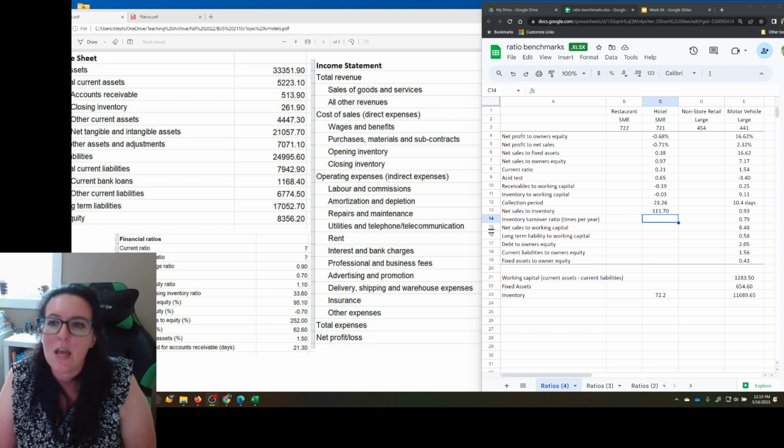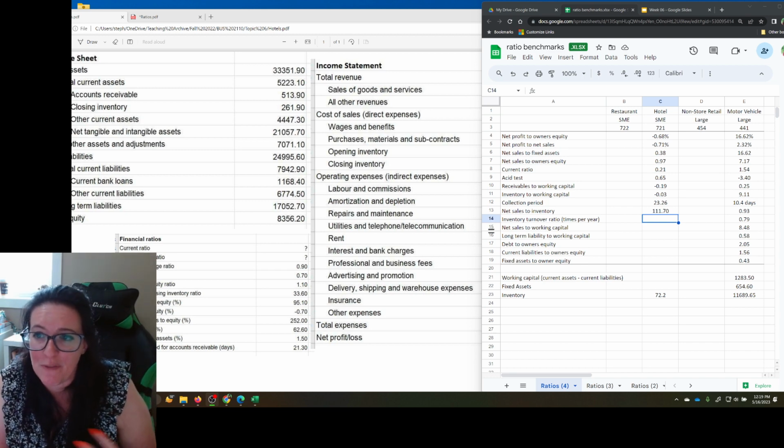Okay. So here, that financial ratio of net sales to inventory is not a key financial ratio we would look at if you're in the hotel industry to monitor progress and performance, because we just don't have a lot of inventory to start with.